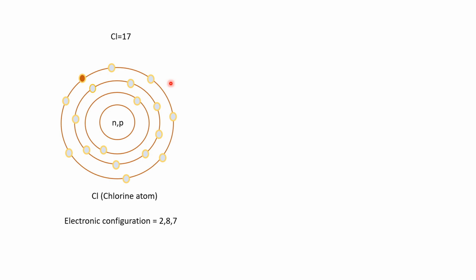That is, now it becomes chlorine ion, and because it has accepted an electron which was negative in charge, the negativity comes in, and the number of negativity that comes in is 1. So here chlorine has one negative charge, and the electronic configuration now changes into 2,8,8, where now this chlorine atom, which has now converted into a chlorine ion, has become stable.